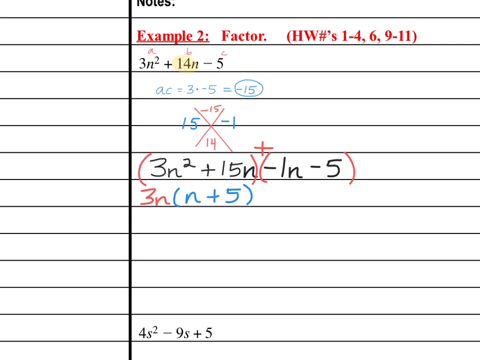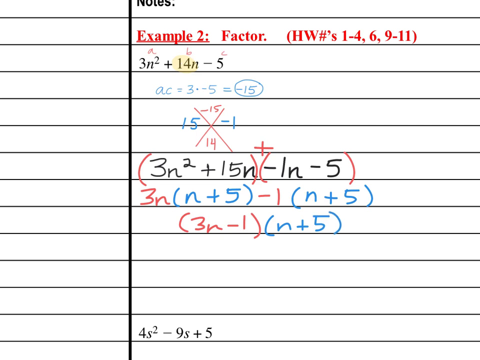What do you have to take out of the second one? Specifically negative 1. That way it ends up being n plus 5. Good. So take out minus 1, and that would leave me with n plus 5. And then just like yesterday, you end up with 2 parentheses, 3n minus 1, and n plus 5.